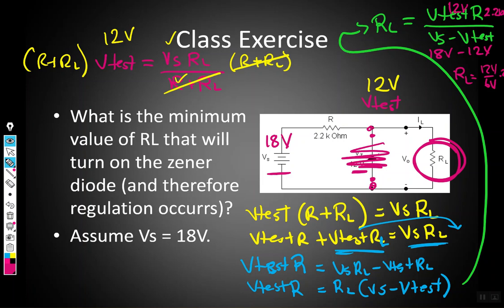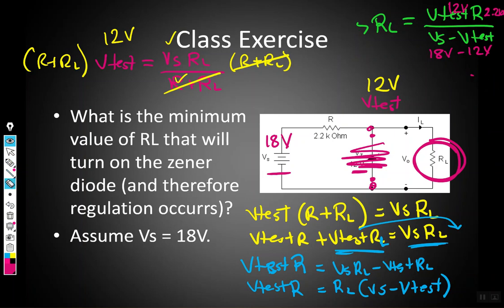I'm running out of room here. Hang on a sec. Let me just move all that over a bit, and I'll go back to green. So this is going to equal 12 volts over 6 volts times 2.2 kilo ohms, and that simplifies to 2, so it's 2 times 2.2 kilo ohms, which is 4.4 kilo ohms.